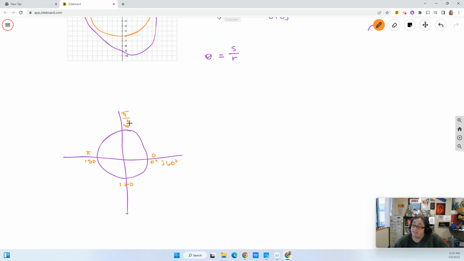So if this would be adding another pi over 2, I would be going pi plus pi over 2. Does that make sense? If I add another 90 degrees, another pi over 2, half a pi, here I would have what would break down to be 3 pi over 2. Here we have 4 pi over 2, which is just 2 pi.